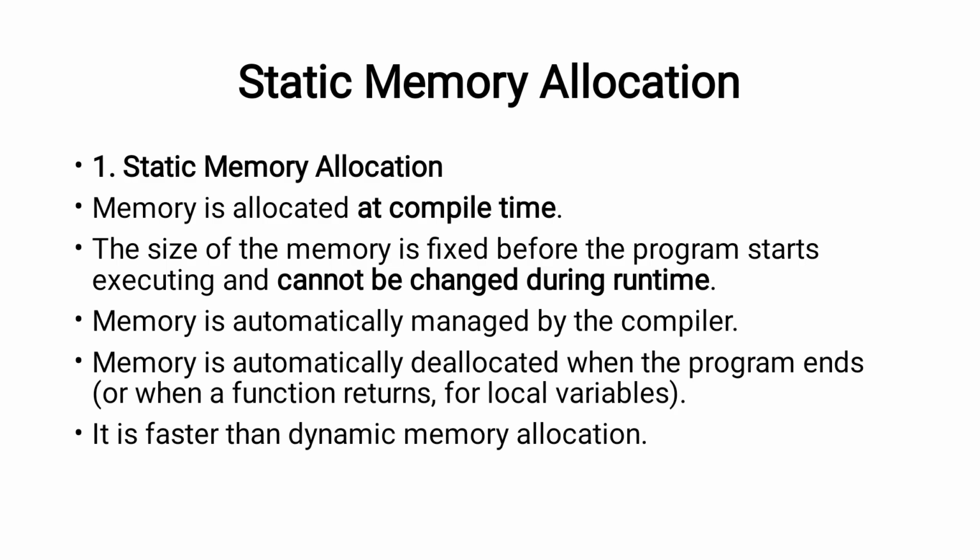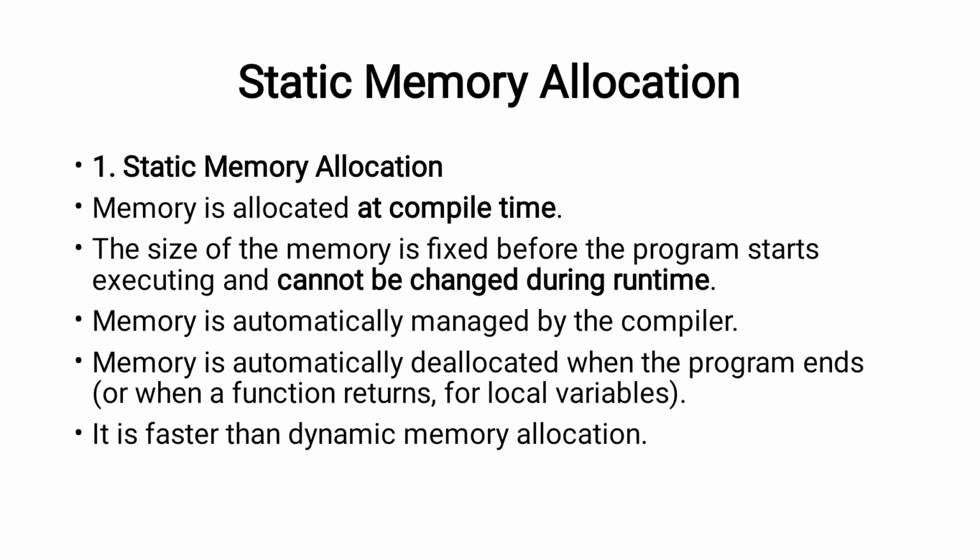When your program is compiling, at that time memory is allocated for your C program, and the size of memory is fixed before the program starts executing and cannot be changed during runtime. Once the memory is fixed, we cannot increase or decrease the memory size. That is static memory allocation.